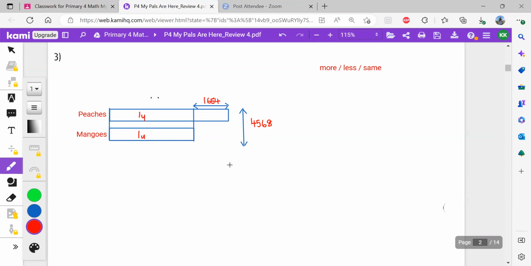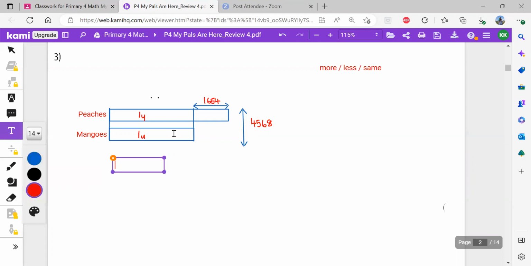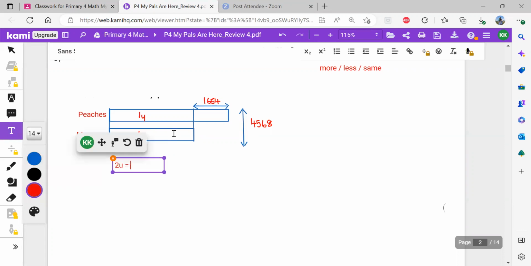So I'll write it down here: these 2 units are therefore equal to 4,568 take away 1,654. That will give me 4,568 minus 1,654. You can do the working. It will show you 2,914.